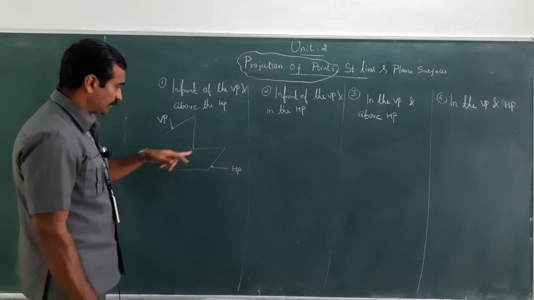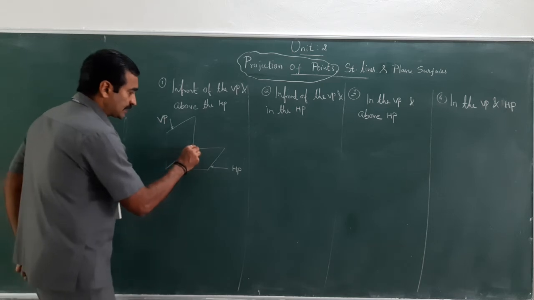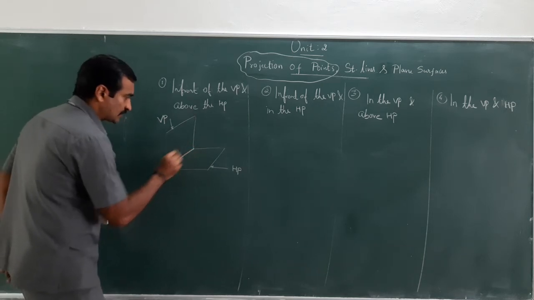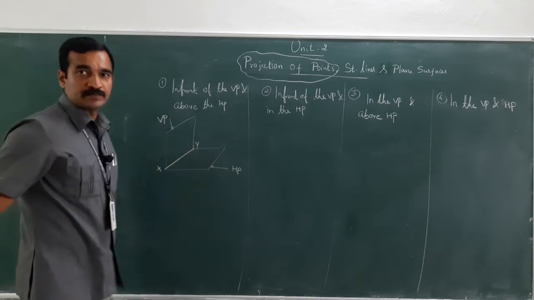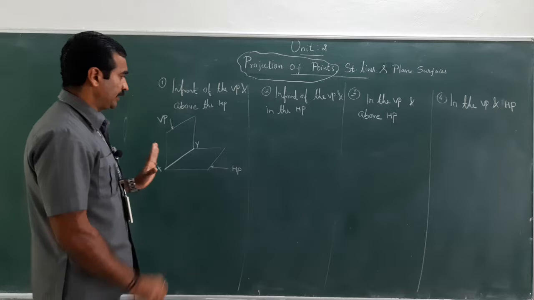The line of intersection between VP and HP is nothing but the reference line XY. The other name of the reference line is the ground line, right.